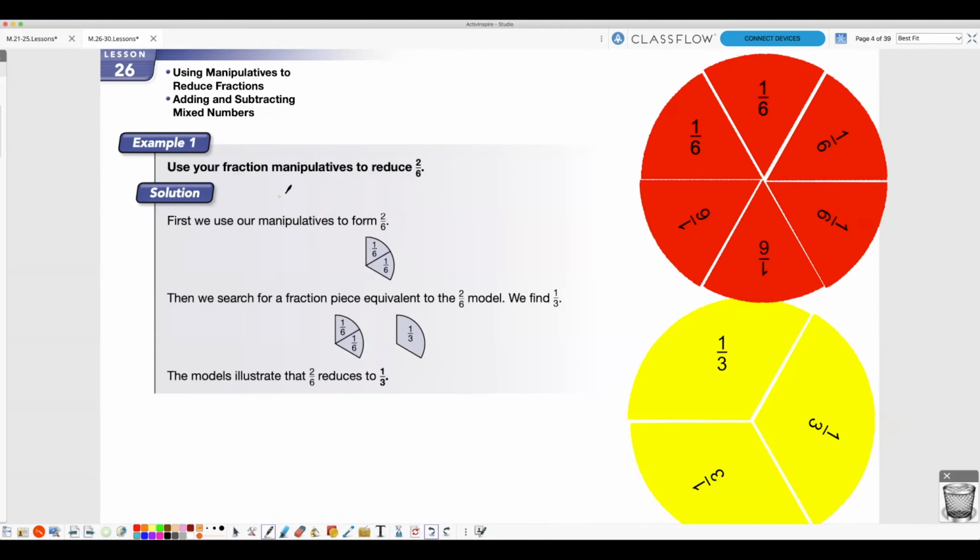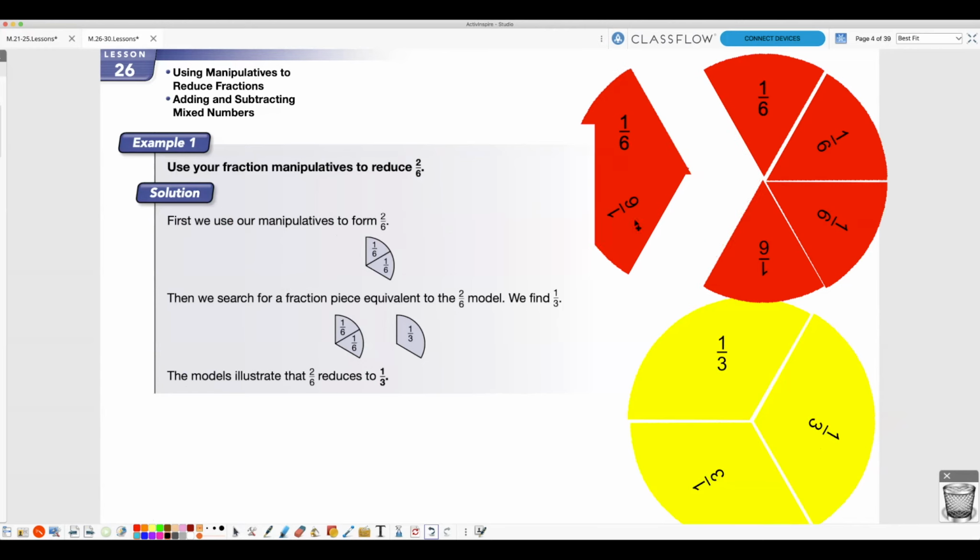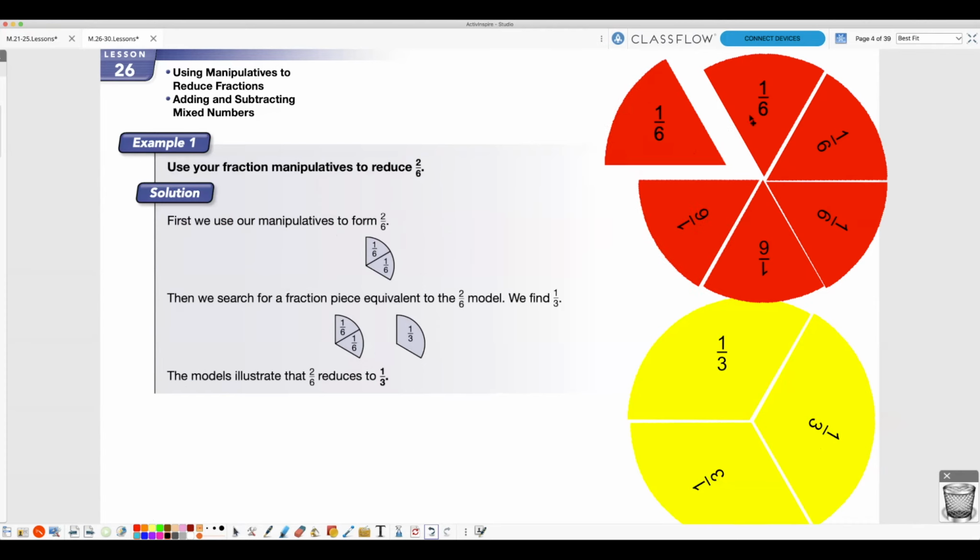Use your fraction manipulatives to reduce 2/6. So we just did that. First, we use our manipulatives to form 2/6. And here's 2/6 right here. Let's use these two here, the two at the top.